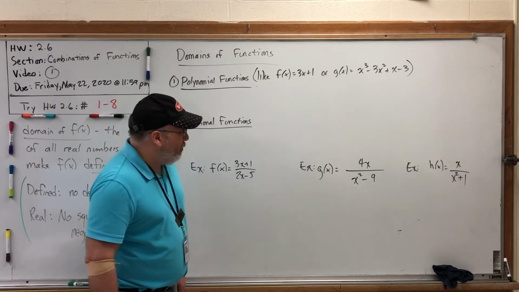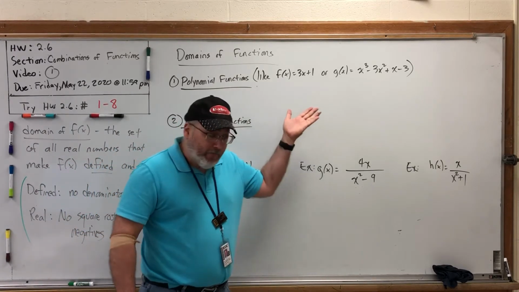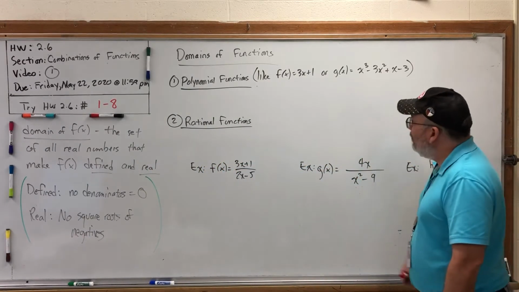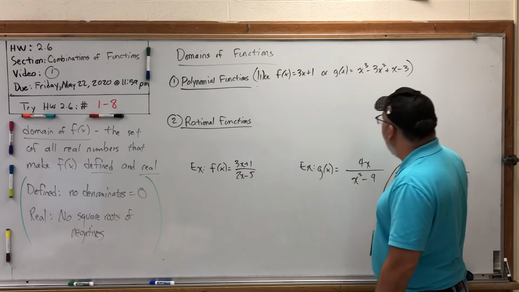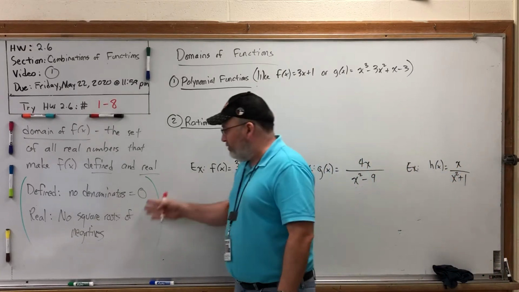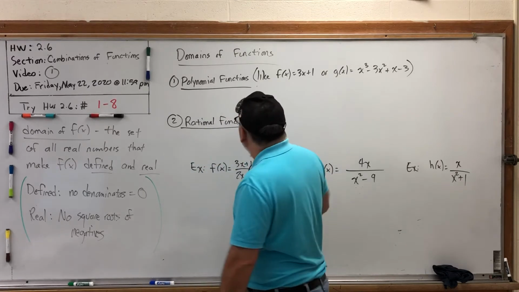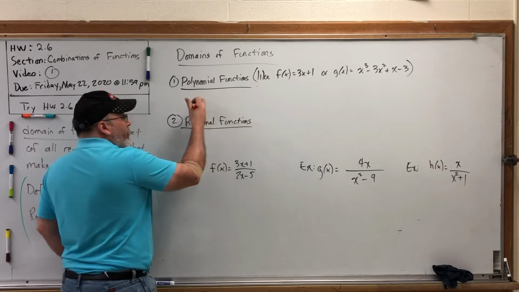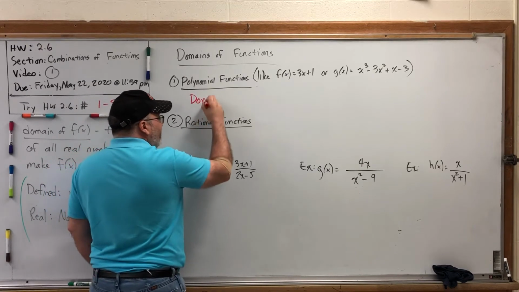You give me any number, I can put it into any polynomial function. I could put 5 here, I could put 19 here, I could put pi here, I could put the square root of 2 here, and I wouldn't get a denominator of 0 or a square root of a negative. So, when you're asked the domain of a function and it's a polynomial function, it's the easiest one.